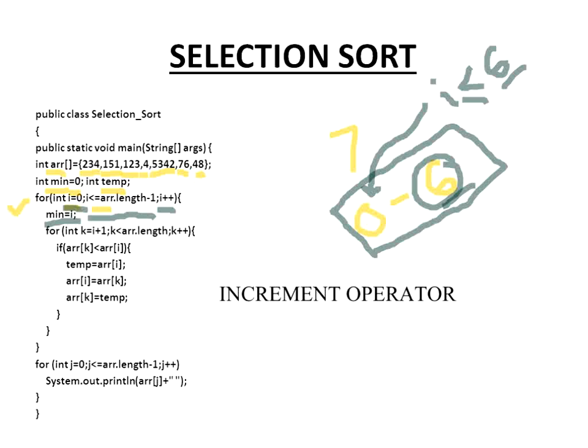So what will be the value of min? Min is equal to i. So what is the initial value of min?